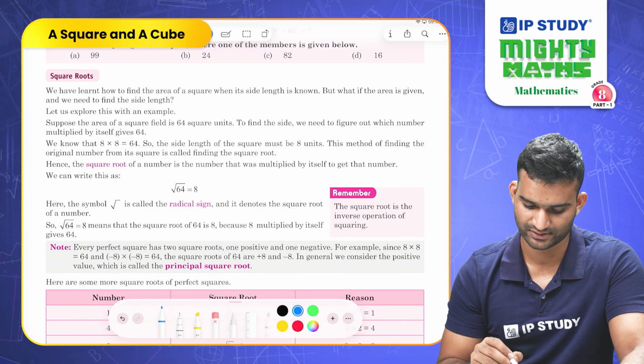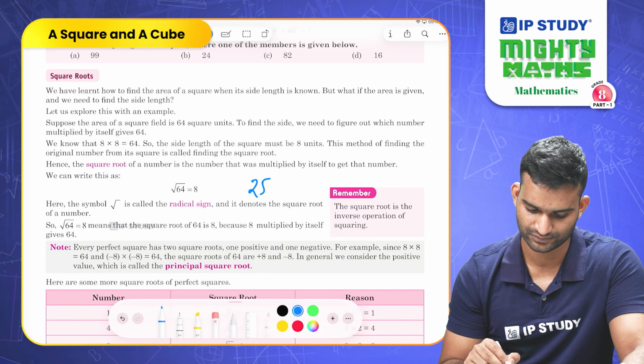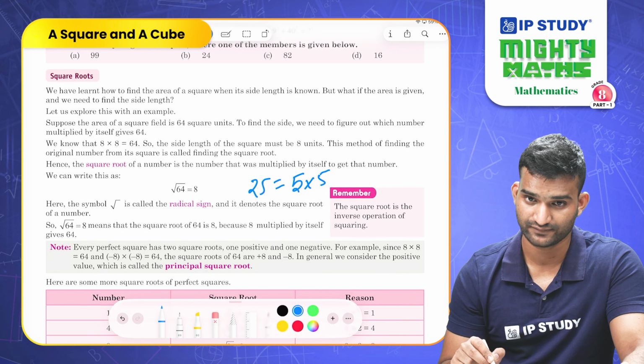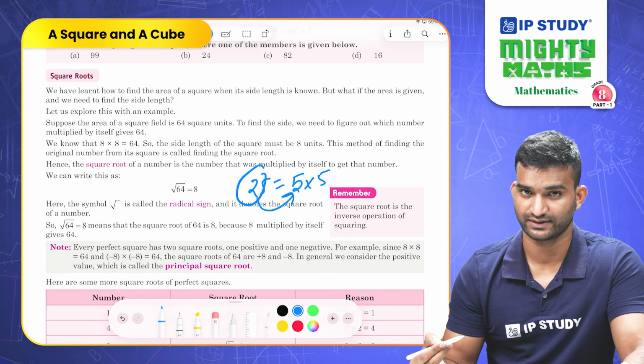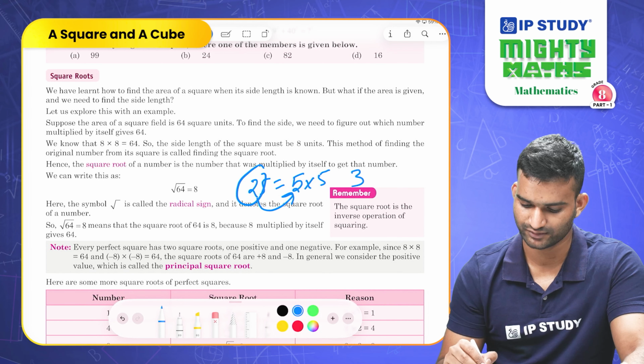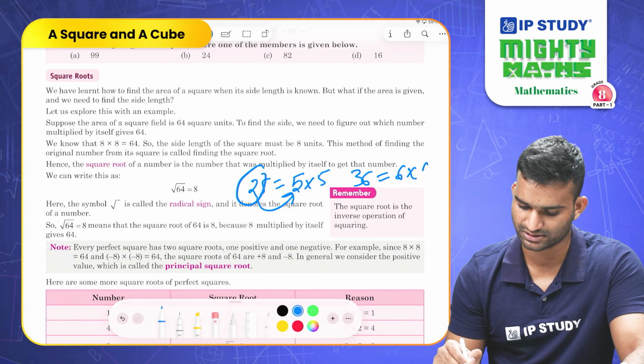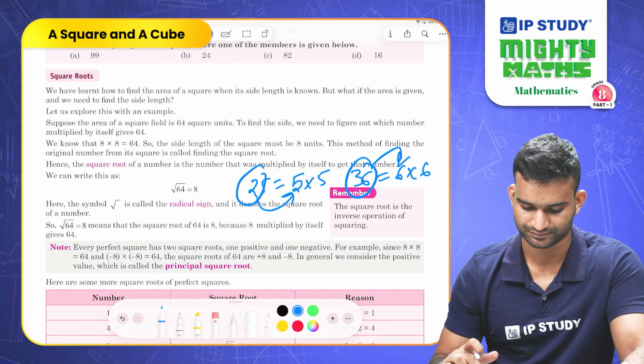For example, if we have 25, 25 is 5 times 5, so 25 has a square root 5. In the same way, if we write 36 as 6 times 6, the square root of 36 is 6.